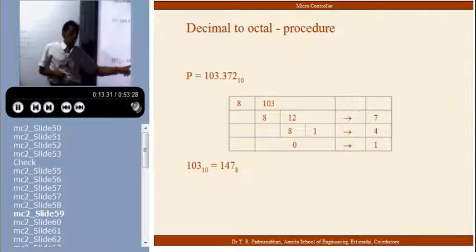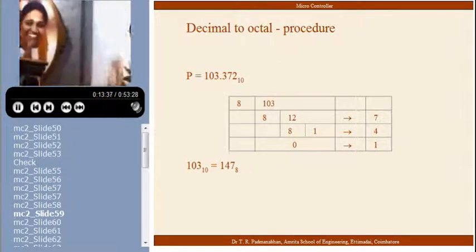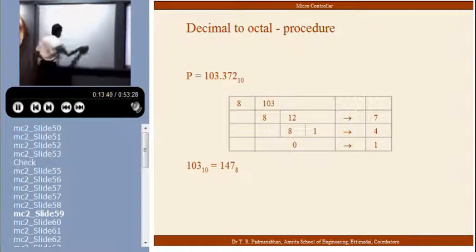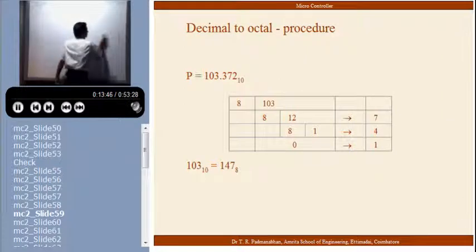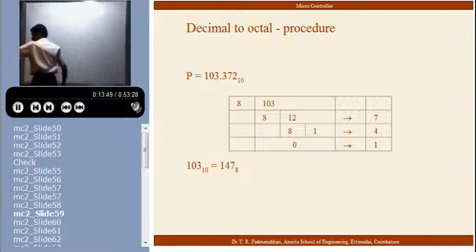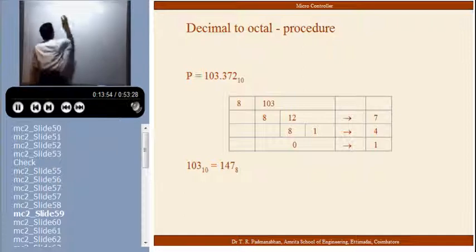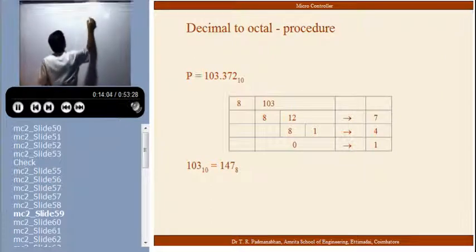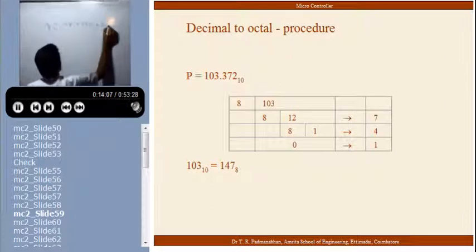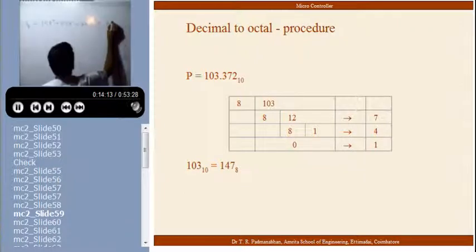If I have octal to decimal conversion, it will be 1 into 8 raised to 2 plus 0 into 8 raised to 1 plus 3 into 8 raised to 0. That gives me 64 plus 3, 67. It's alright?